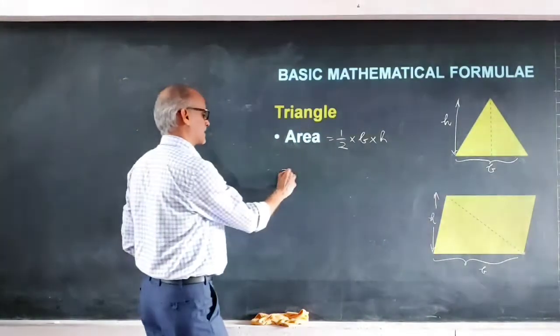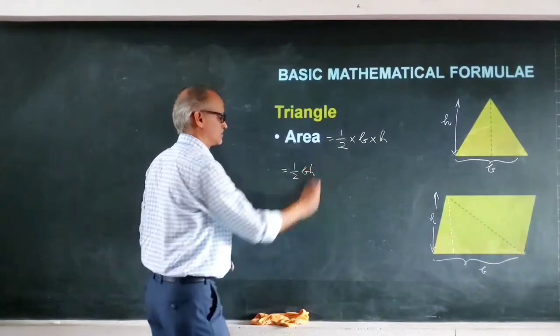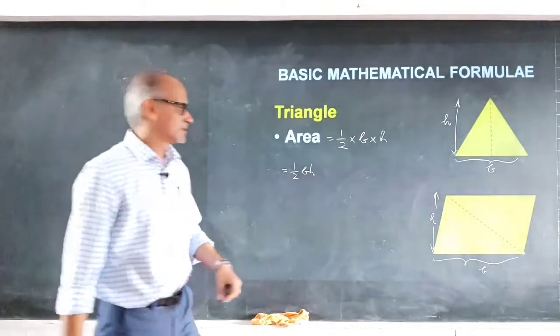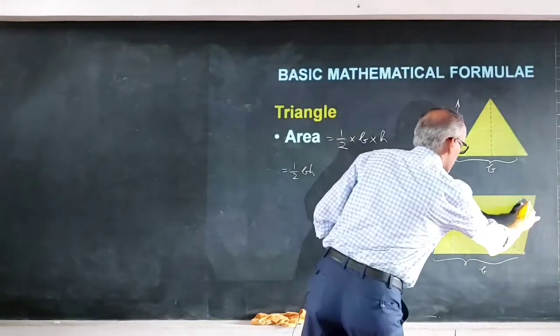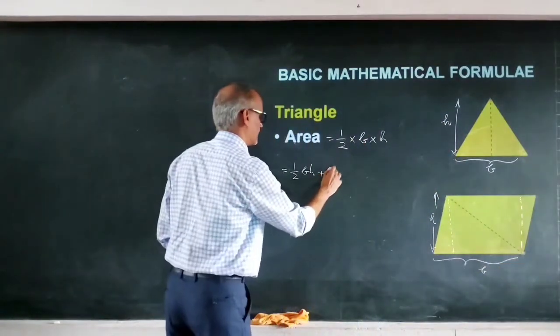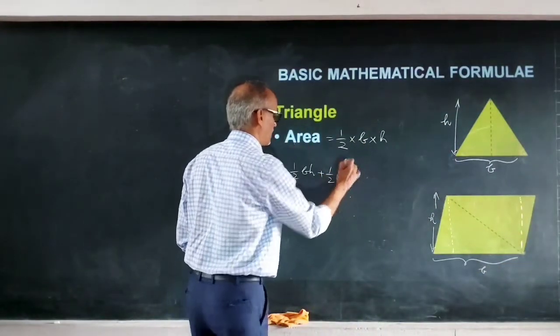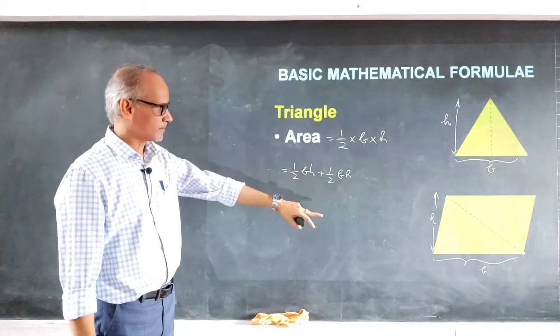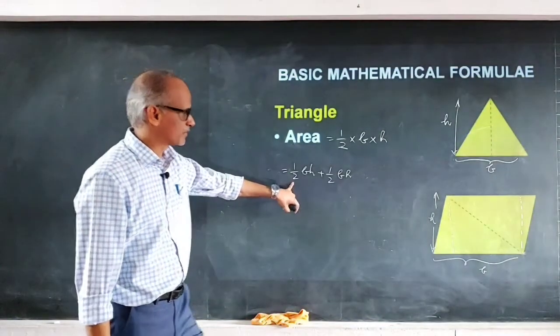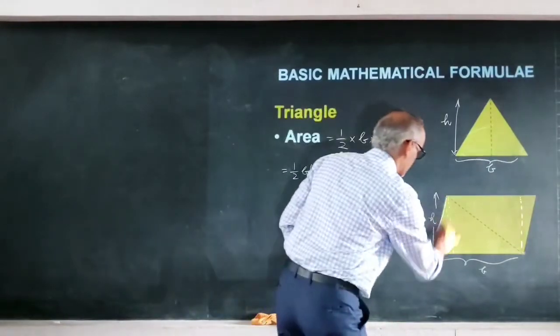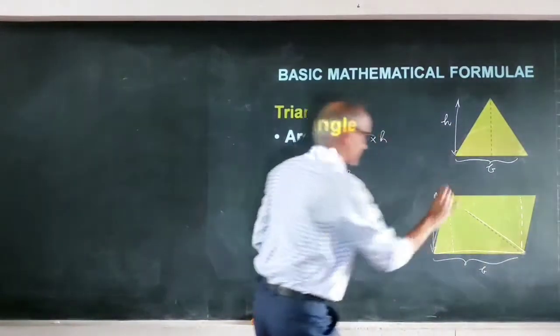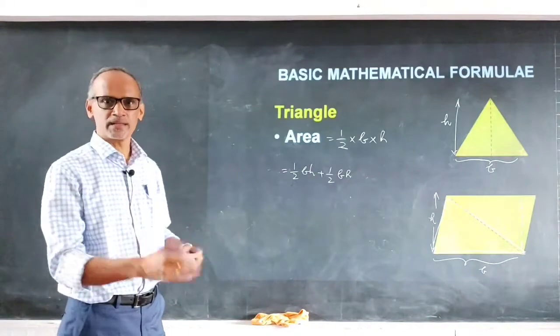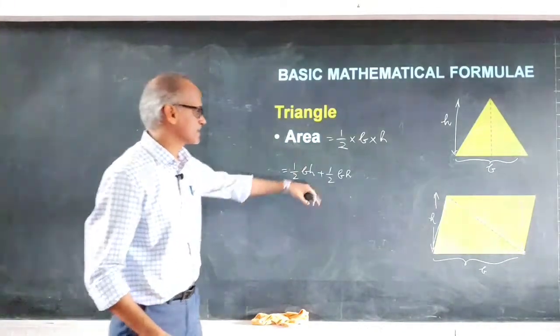So what is the value of one triangle? One triangle is half BH. Similarly, there is one more here, so you add them. It's half BH for the first triangle, because it's the area of a triangle, and again for one more, plus half BH.